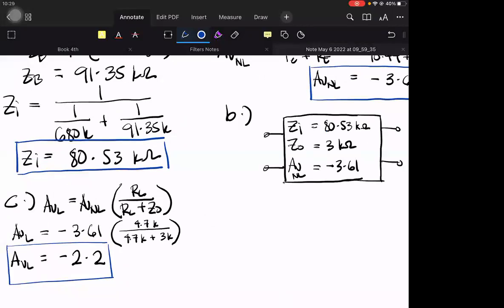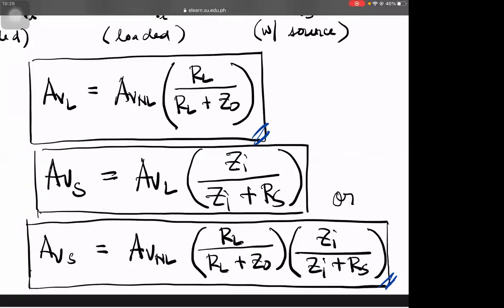Last, AVS. It's a voltage divider formula again. Since we have AVL, we could use the second formula.